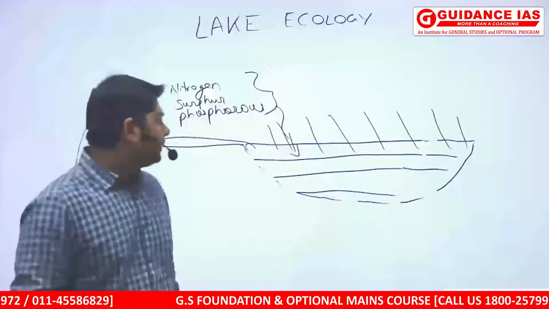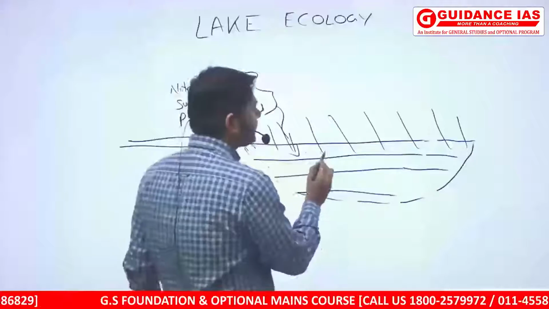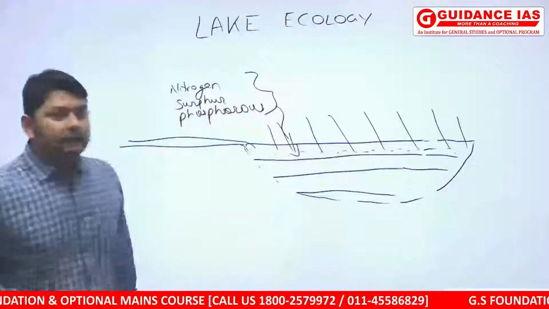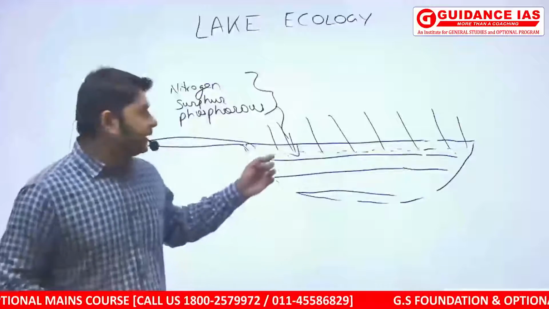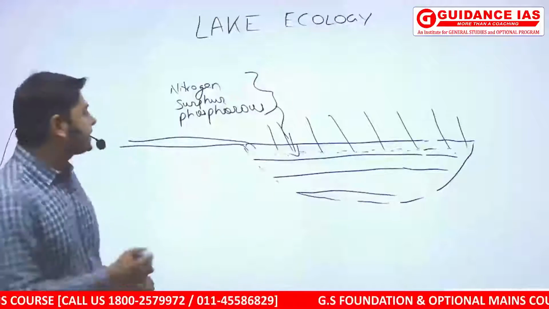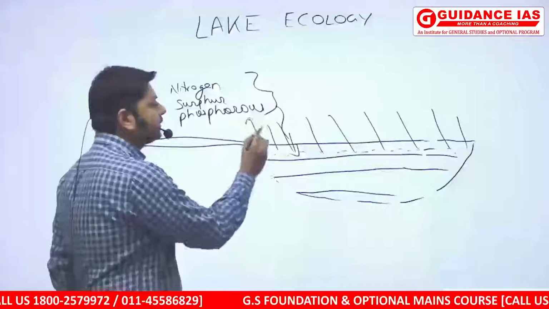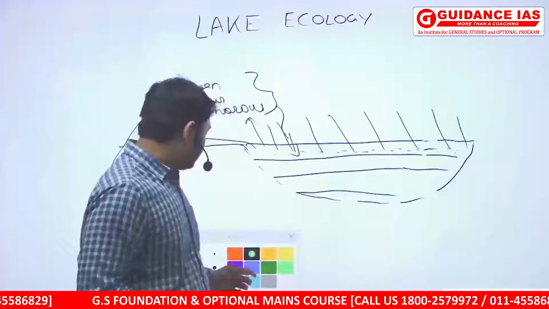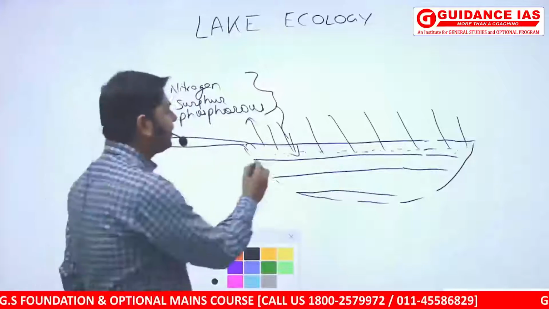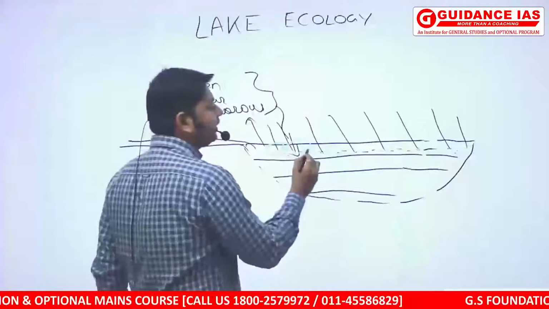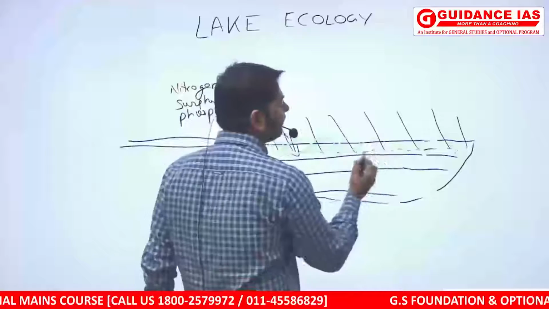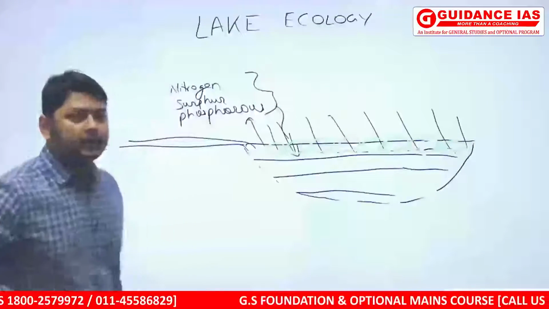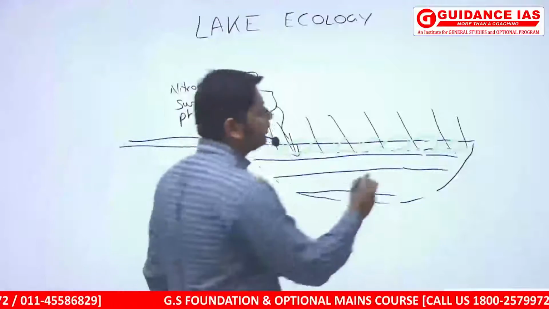Now, what happens? The algae which are present at this point, this lake gets nutrient rich, and these algae have an excess of these nutrients, so they start blooming. So it leads to the phenomenon of algal bloom.